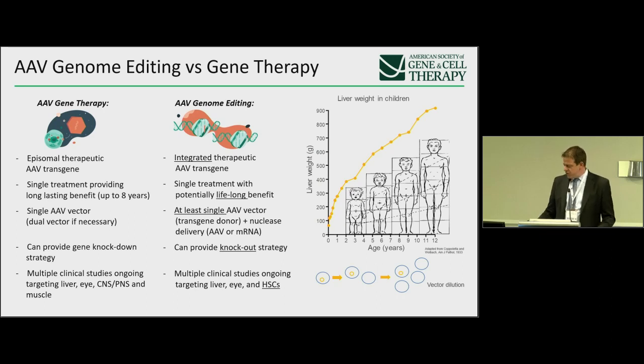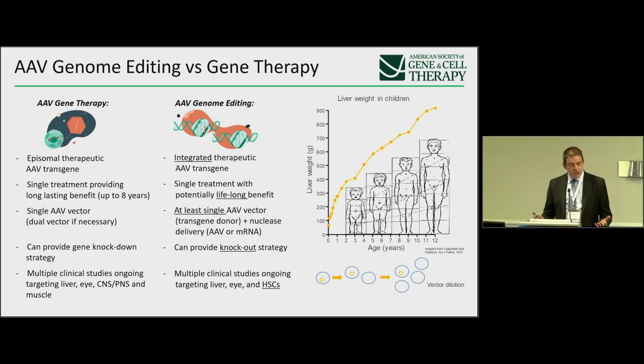This means if you use conventional gene therapy, you basically have only a vector dilution after a while, which cuts your efficacy. This is because gene therapy is based on episomal AAV transgenes sticking around and being expressed. In contrast to that, an integrated therapeutic transgene for genome editing potentially provides a lifelong benefit.